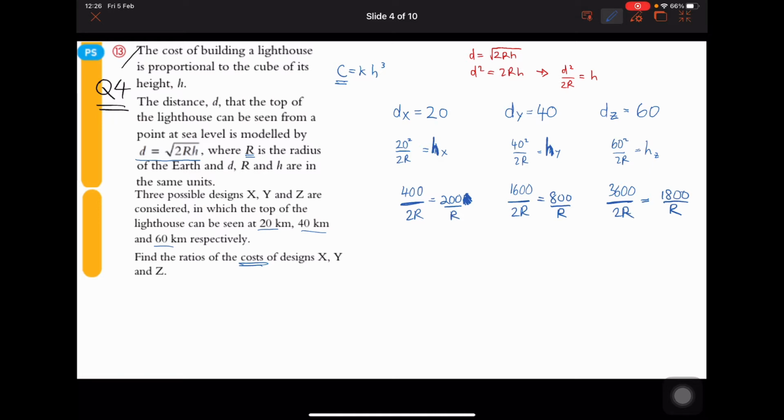Alright, now we're going to work out three different c values. So I'll write cx equals k, 200 over r, all cubed.